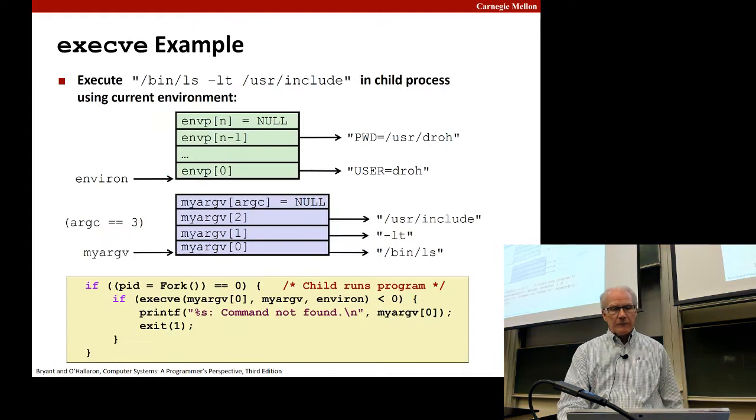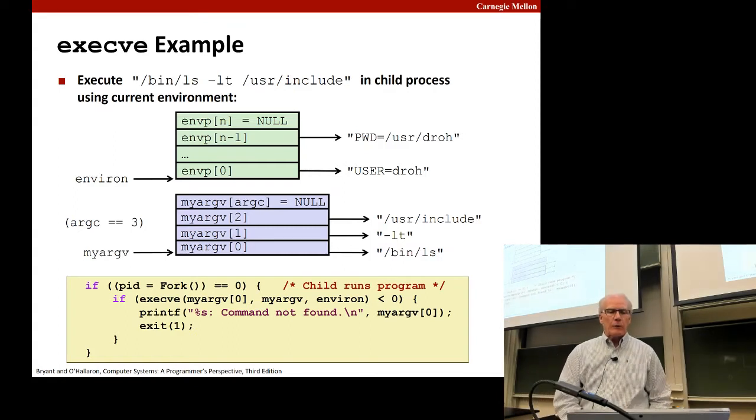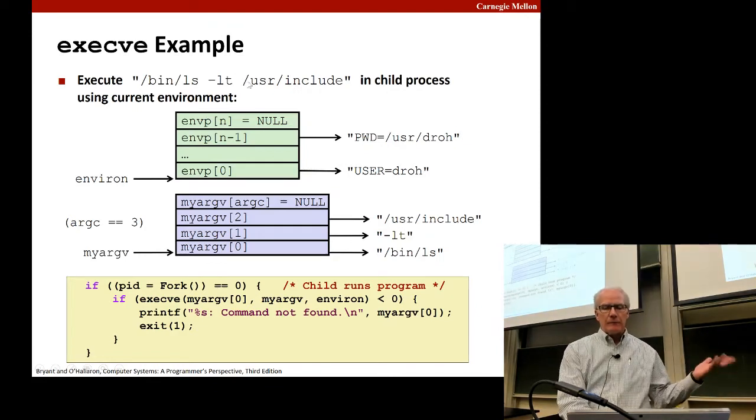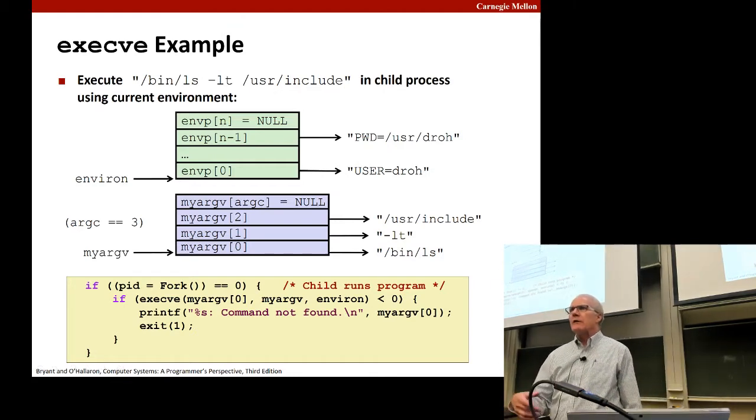So this is an example of setting up a call to exec. What I want it to do is call the ls operation with some command line arguments. So ls, as you know, is a command within the shell that you can use to list files. ls, rm, mv, all of those.